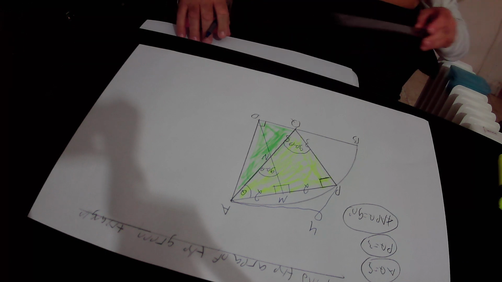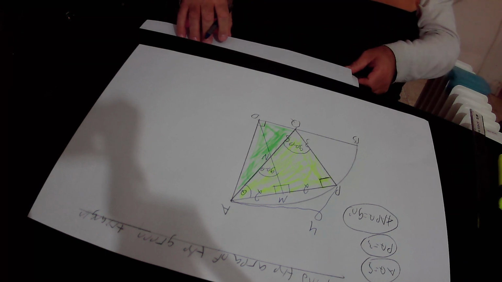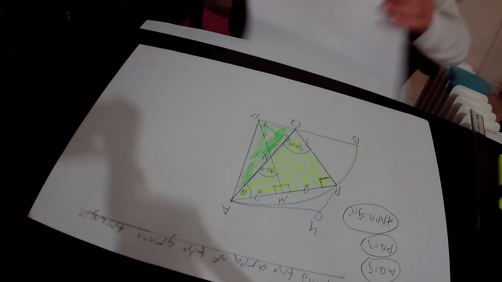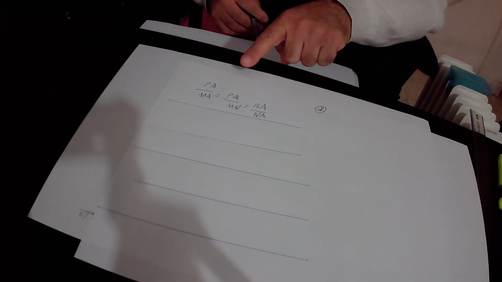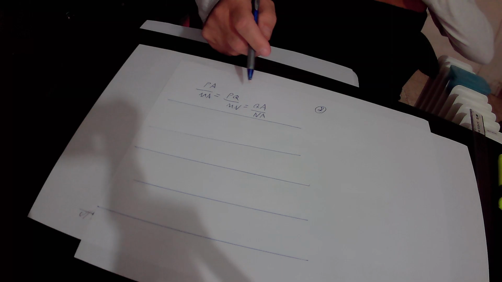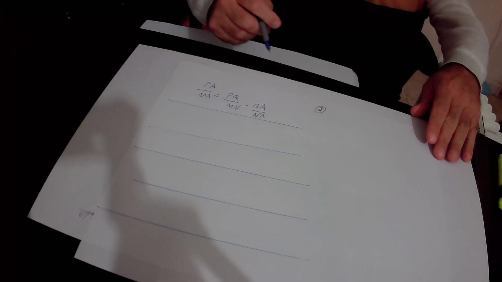Repeat again: PA over MA equals PQ over MN equals QA over NA.